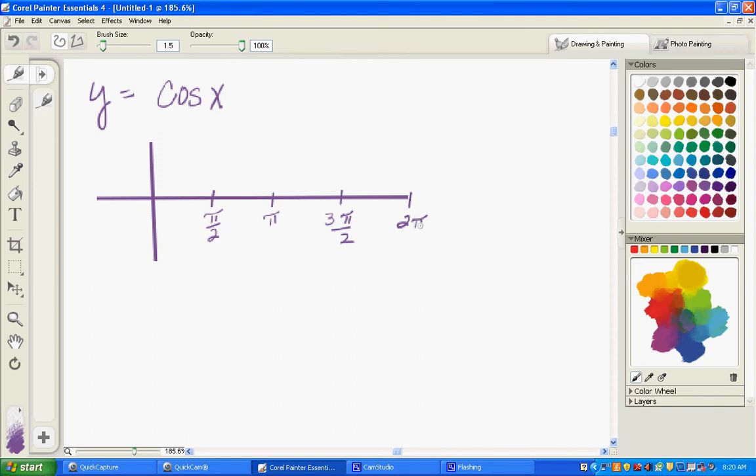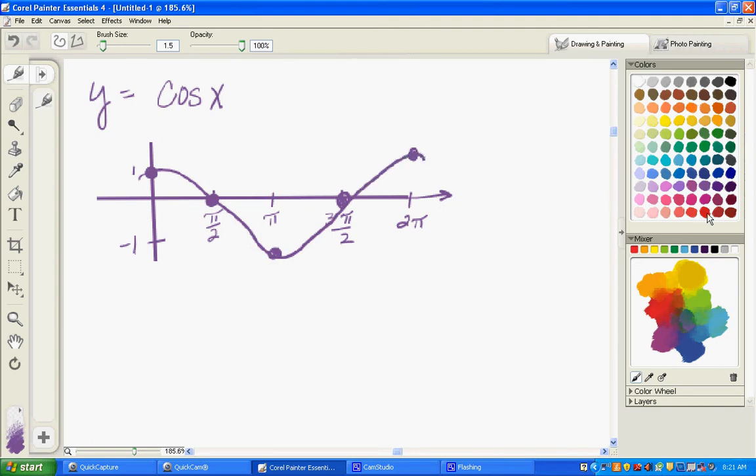Looks like I didn't make my x-axis long enough. Amplitudes at 1 and -1. Cosine moves from the maximum to the midline, to the minimum, to the midline, and back to the maximum in this shape. And we're going to use this information to alter it a little bit.